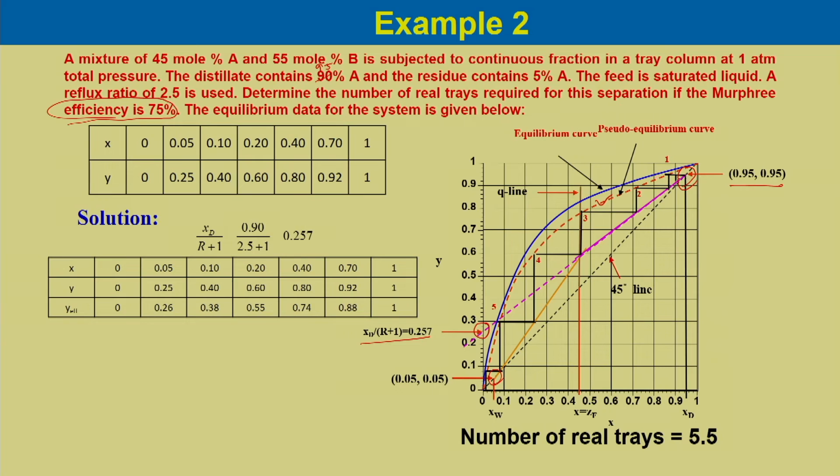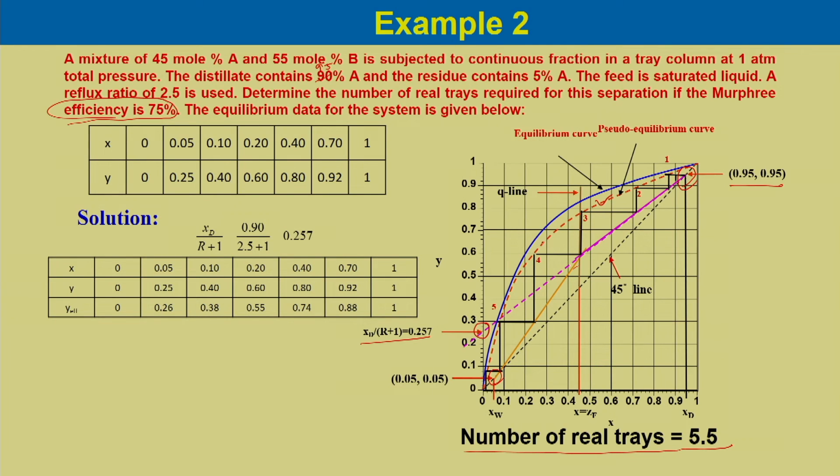Now, if you just draw the staircase arrangement like the McCabe-Thiele method between the pseudo equilibrium curve and the operating lines of the stripping section and the rectifying section, you will obtain the total number of real trays required for the separation, which is about 5.5.